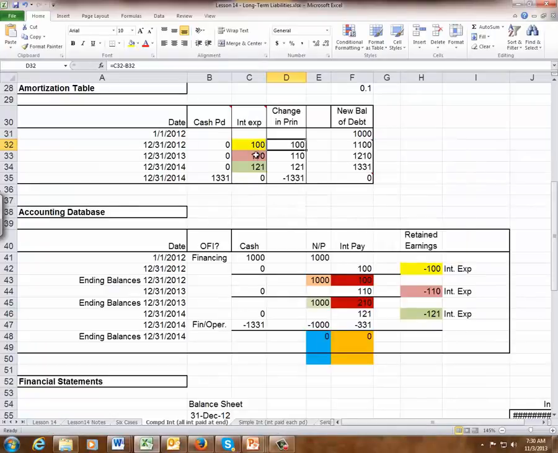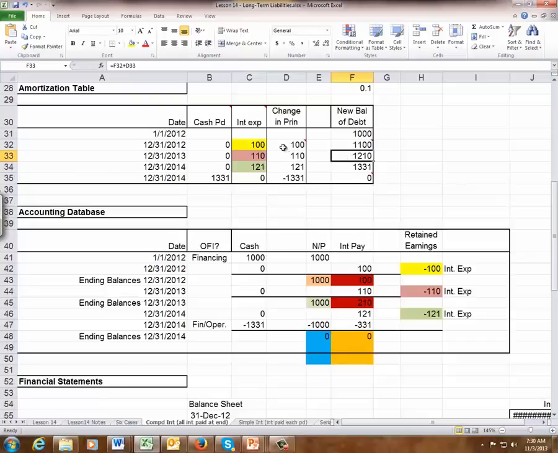In the next period, the 1,100 is multiplied by the amount here in cell F28. That gives us interest of 110 in the second period. Since we paid 0 interest at the end of the second period, the liability goes up by $110, so that we now owe 1,210 at the end of the second period.